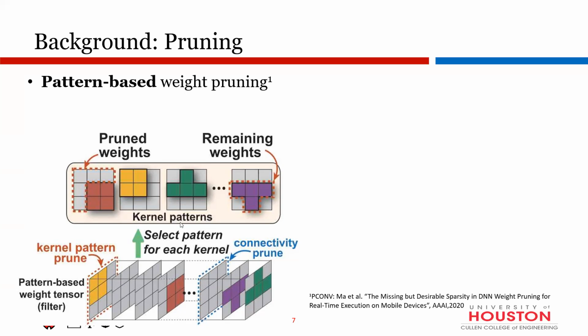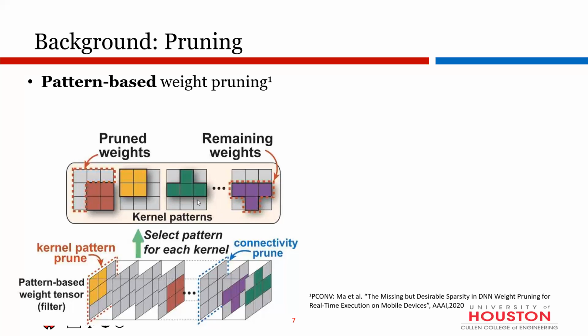of doing the pattern pruning is that you can have a limited number of kernel patterns if we fix the pruning ratio. So for example here, if we want to keep only 4 weights in these 3x3 kernels, we can have a limited number of patterns in these 3x3 convolutional layers.